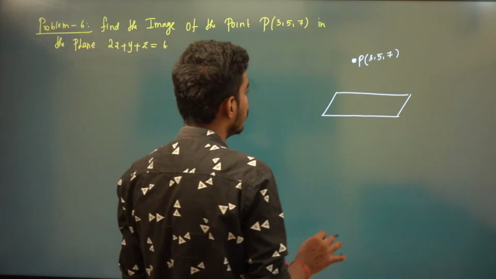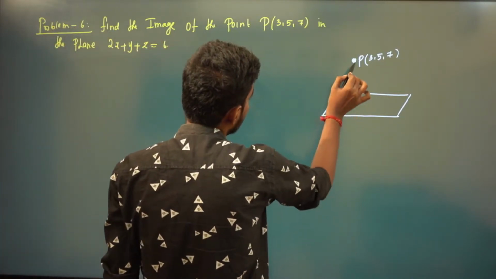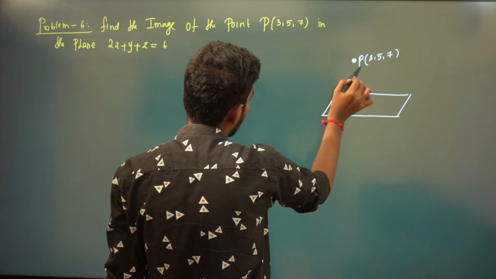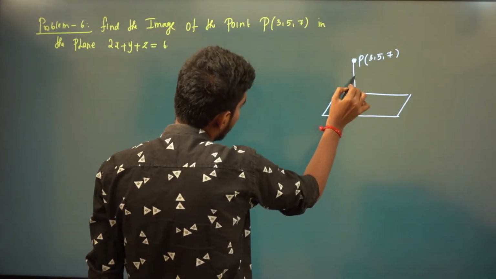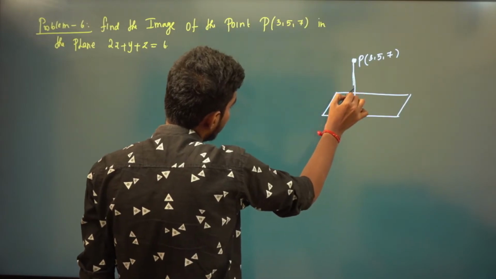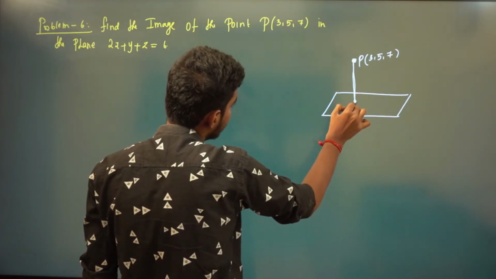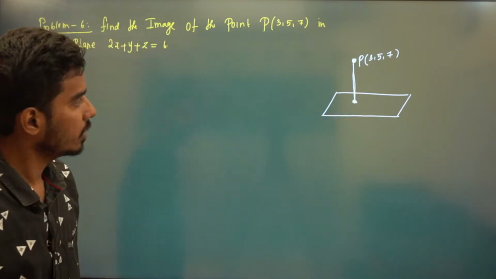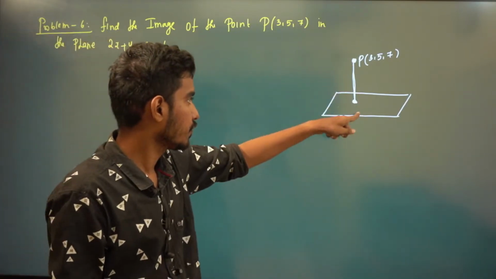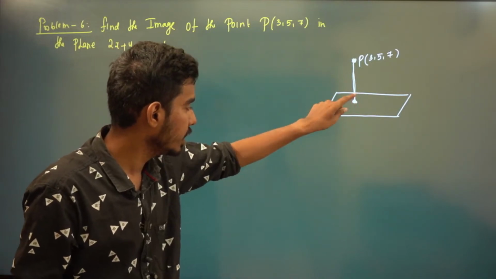First, what you have to do is draw a perpendicular, and this is the image, right? The image of the point to the plane.